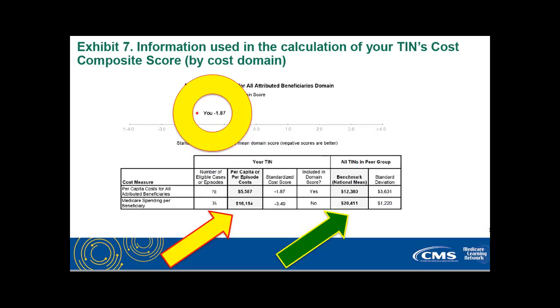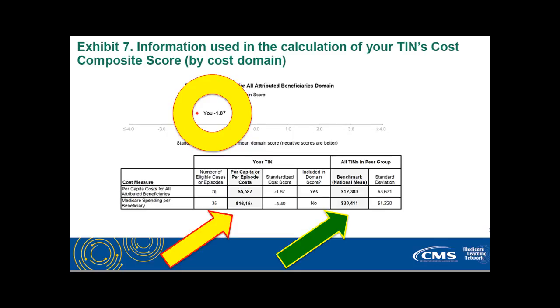If we look at Medicare spending per beneficiary, which is really episode costs, 3 days before and 30 days thereafter a specific event, the costs were $16,000 roughly for this tax ID number, whereas the national benchmark was about $20,000. So you can see in this example, this particular group of providers were able to deliver care at a much lower cost than national benchmarks.